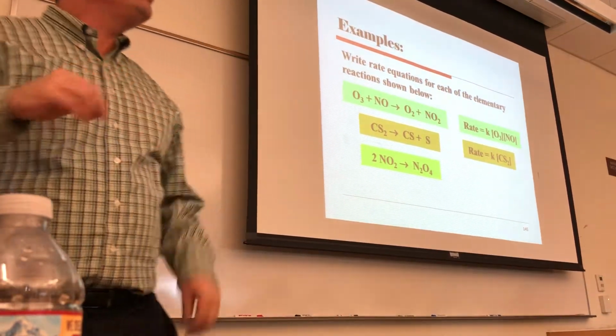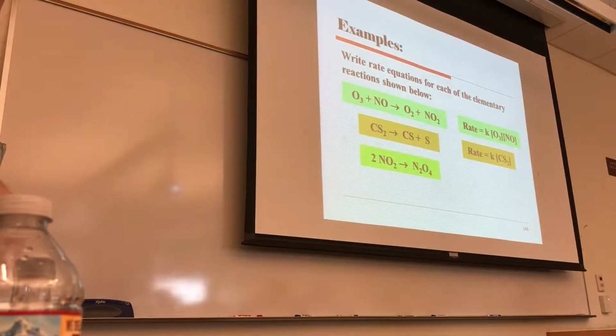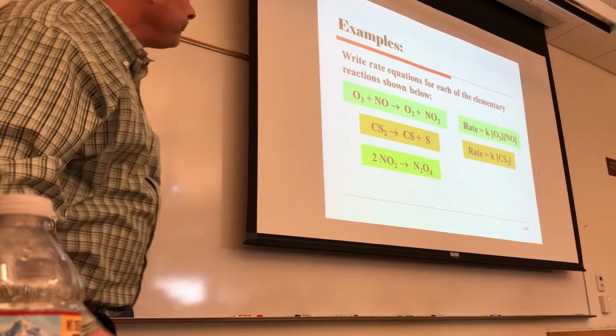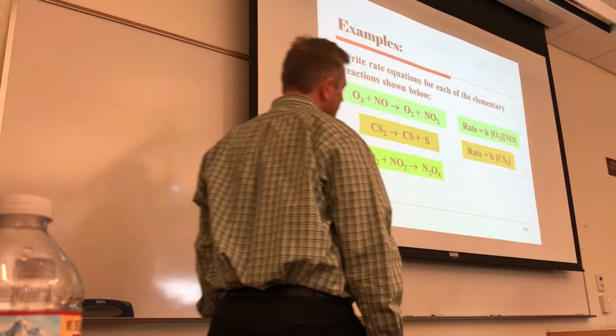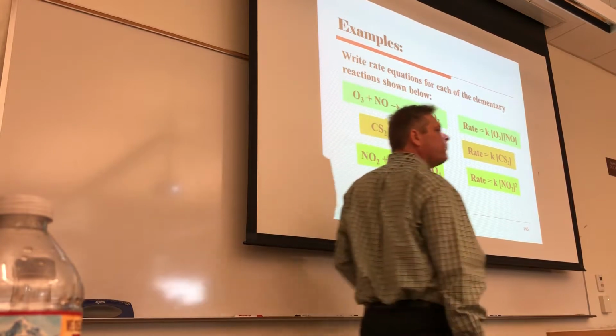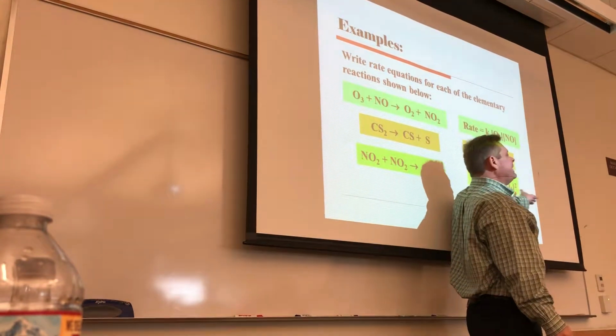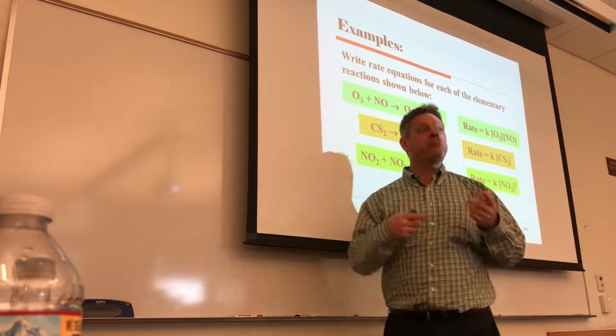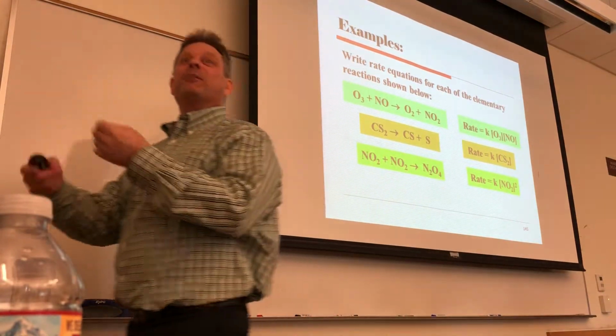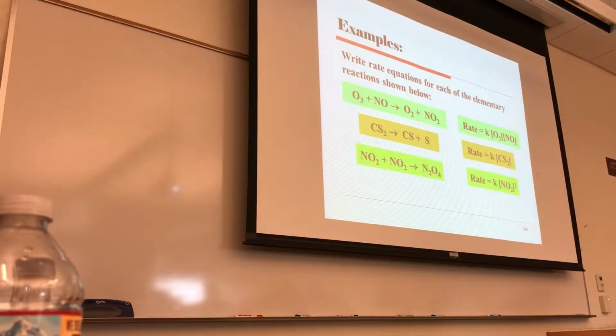K, concentration of NO2 to the power of 2. Absolutely. Because it's an elementary reaction, now the coefficient matches the exponent. Remember I mentioned that, but now when I actually ask to apply it, it's a little different. Have to know it's an elementary reaction though, otherwise you can't do that.